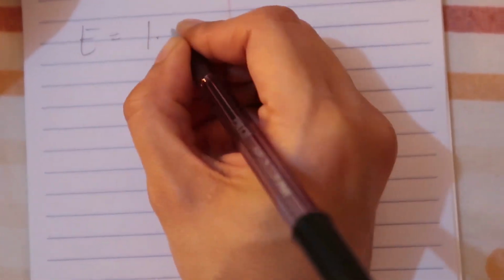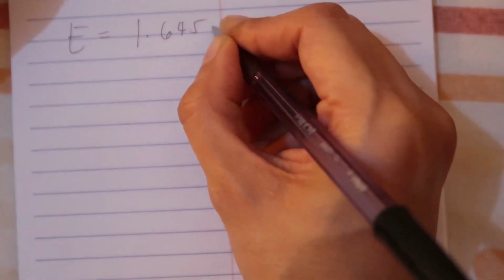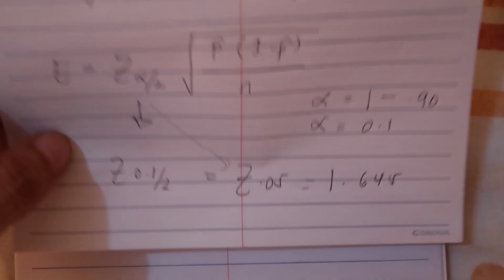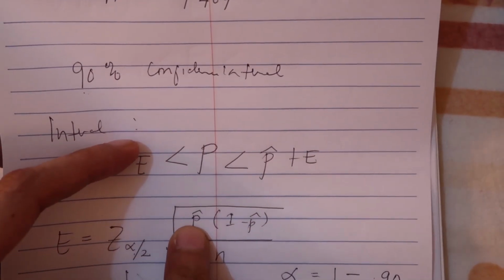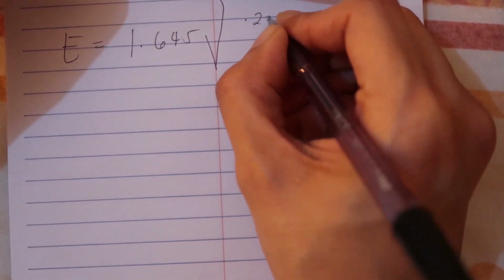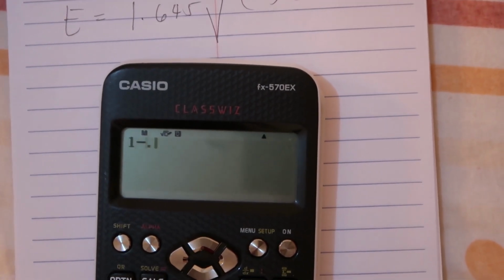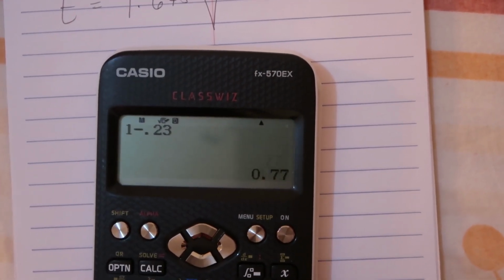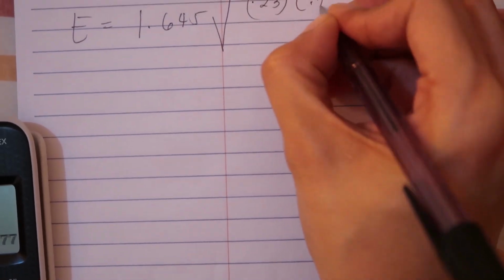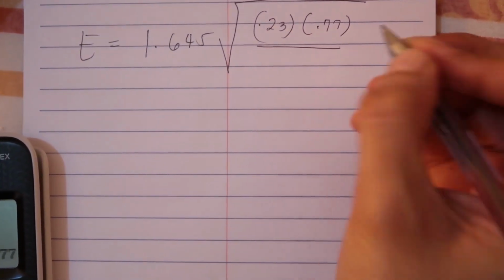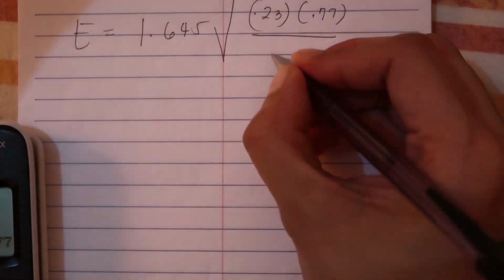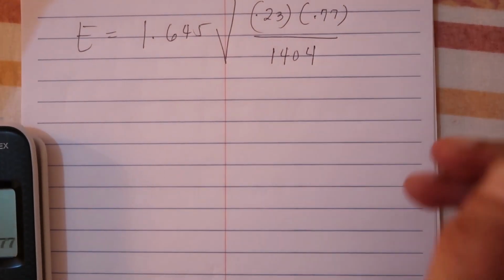Now we can solve for the margin of error. That will be 1.645 multiplied by the square root of p hat, which is 0.23, and then 1 minus p hat. What is 1 minus p hat? 1 minus 0.23 is 0.77, divided by n, which is 1,404.